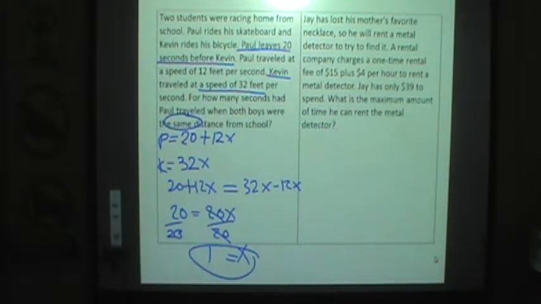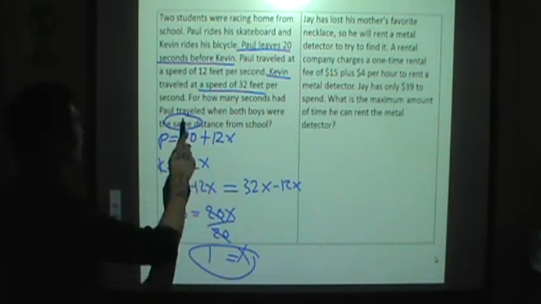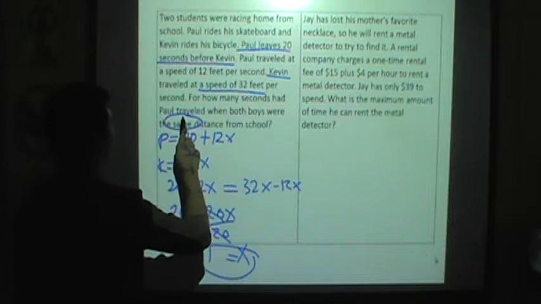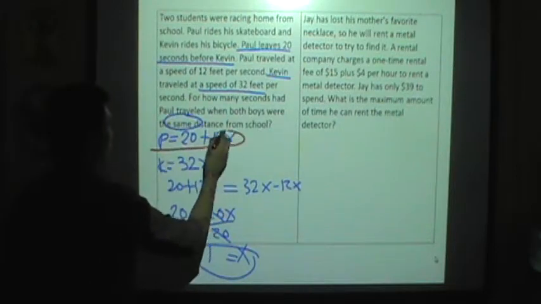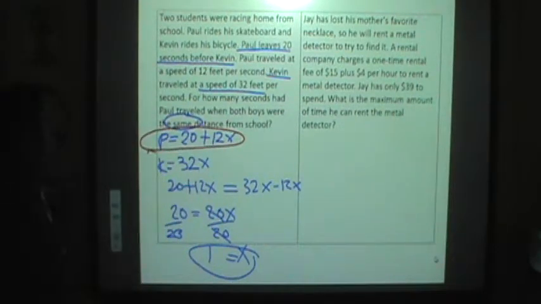Okay, now, is 1 the final answer? We'll see. How many seconds had Paul traveled? The question really is asking for Paul's time, traveling the same distance as Kevin.